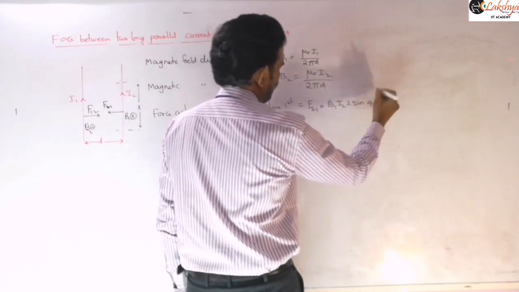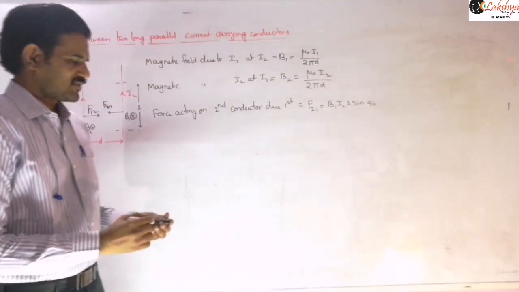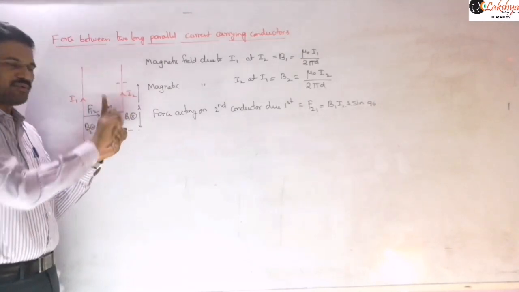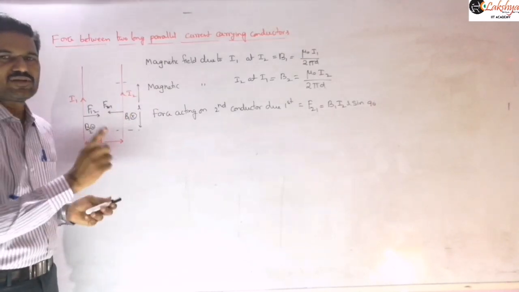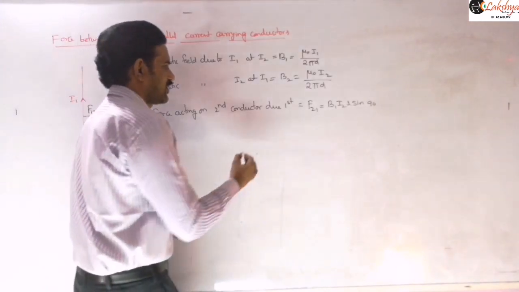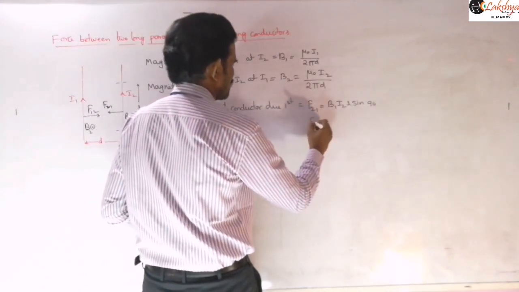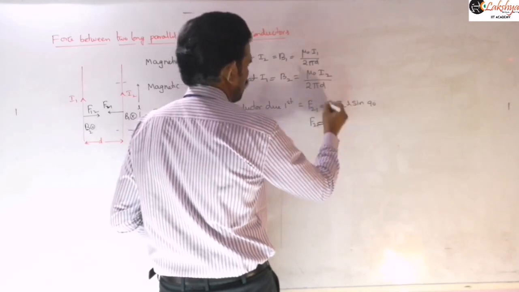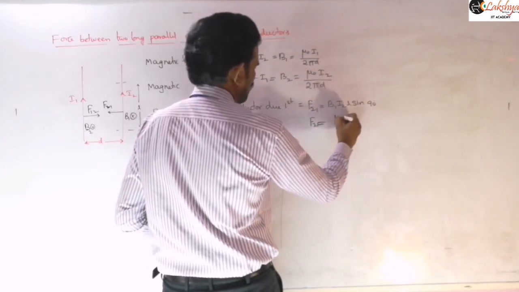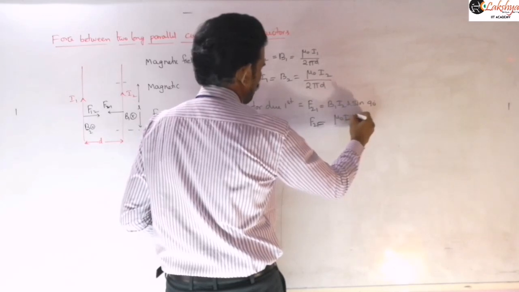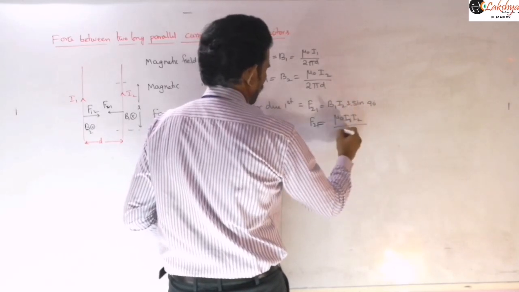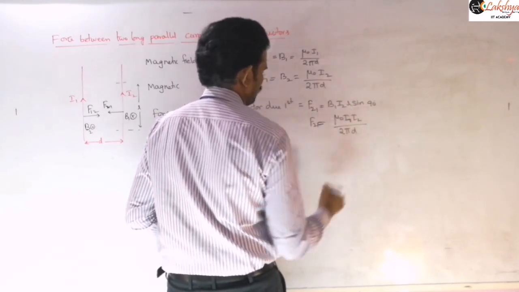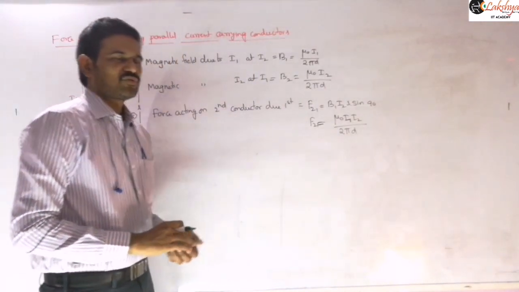That theta value you can write as 90 degrees, because we already mentioned the field is into the plane and the current is flowing upwards. The angle between them will be 90 degrees. Therefore F21 you can write as B1 value substituted, mu naught I1 I2 by 2 pi d. So that will be the F21 value.